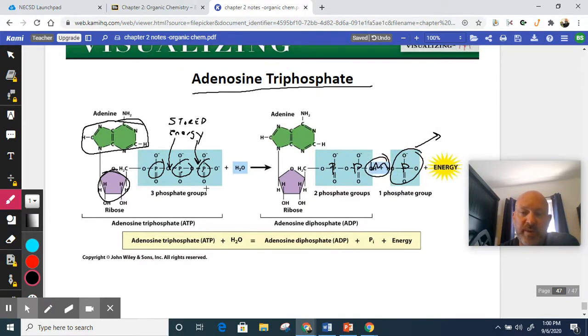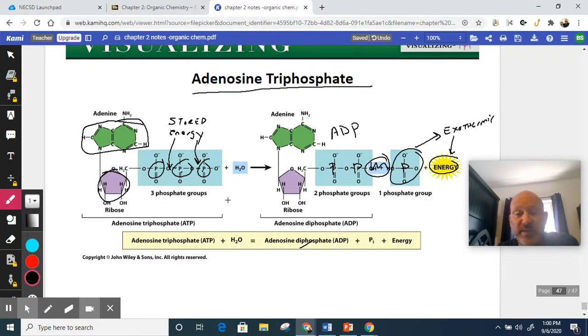When we break this bond, we produce an exothermic reaction that releases energy. And then this becomes ADP, adenosine diphosphate, goes through the process of cell respiration, and we put the 3rd phosphate back on.